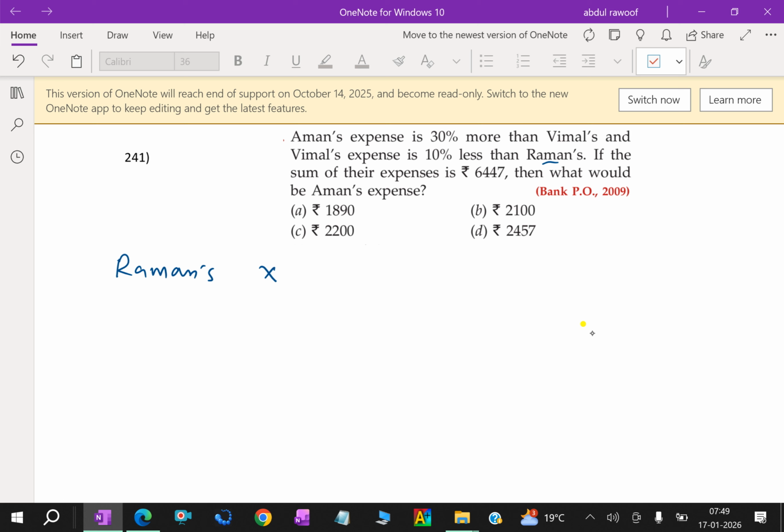Then Vimal's expense is 10% less than Raman's expense. That is, 10% less means 90 by 100 x, which is 9 by 10 x, Vimal's expense.